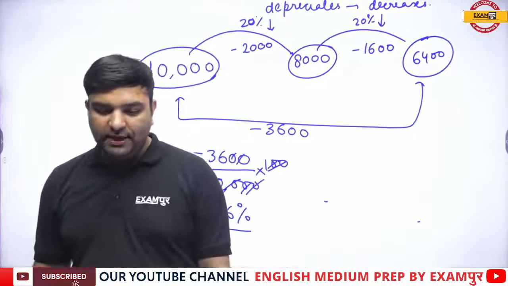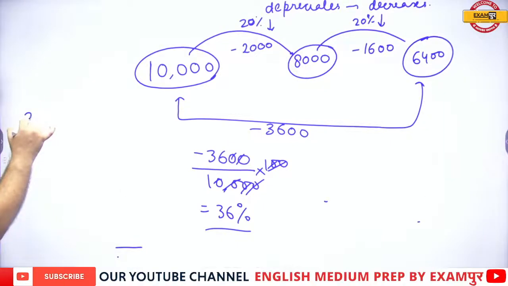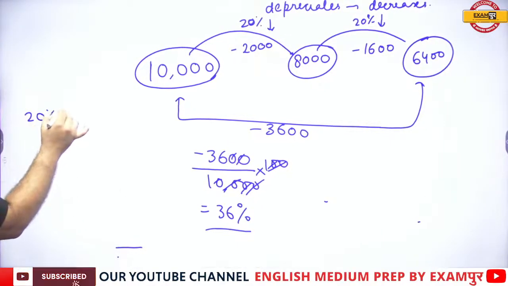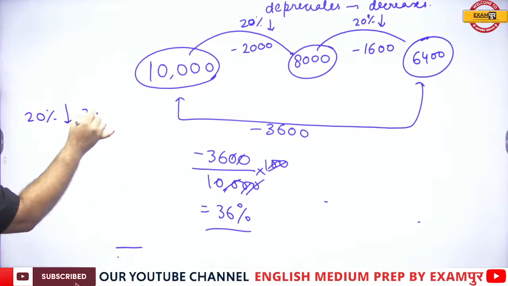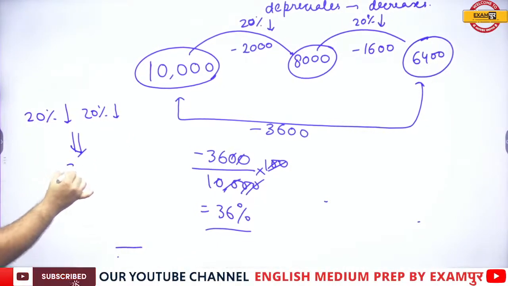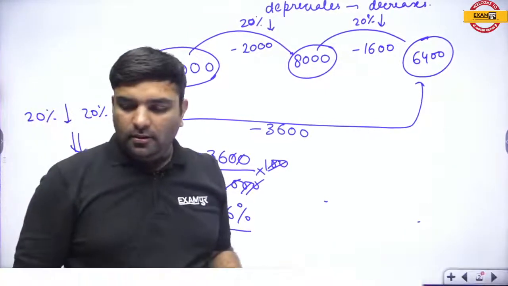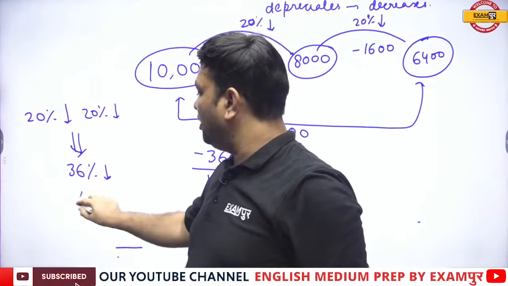Overall 36% depreciation, not 40%. So depreciations of 20% will effectively give 36% depreciation, not 40%. Got my point?